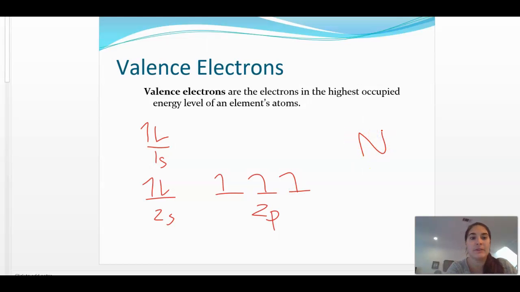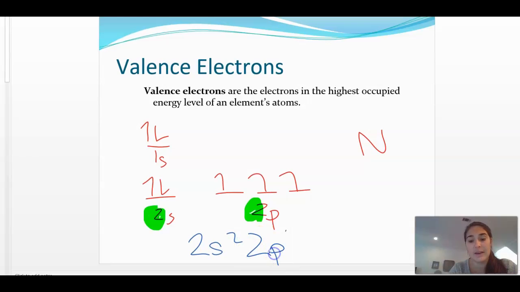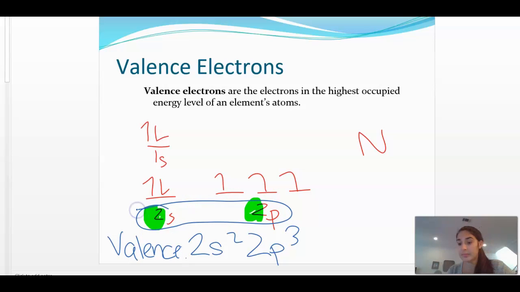If we were talking about nitrogen, then the highest energy level, remember these numbers in front are your energy levels, right? They're that principal quantum number. So your valence electrons here are 2s2 and 2p3. Okay, so again, looking at that highest energy level. All right, that is telling us what those valence electrons are.